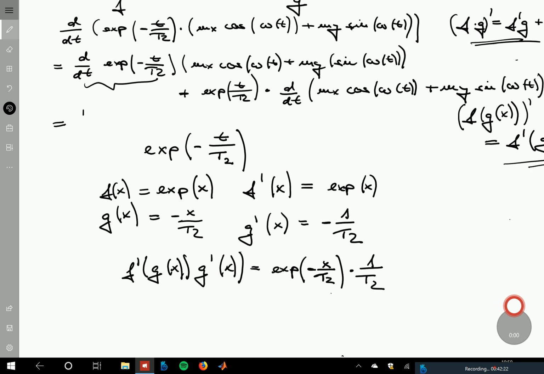So that's 1 over t2 with minus sign. It needs a minus sign, of course, which we somehow lost, and times this.